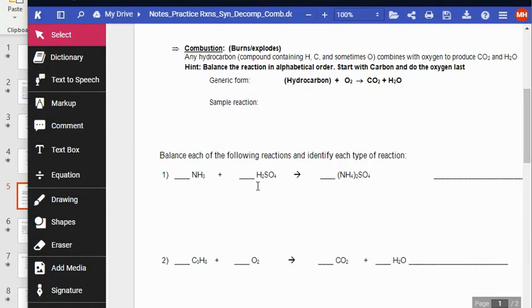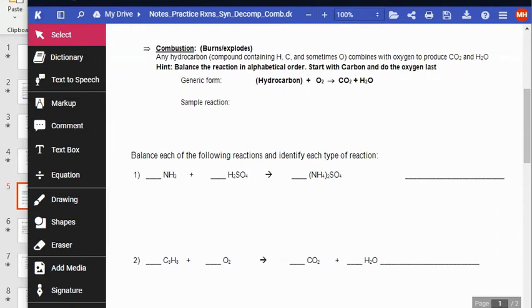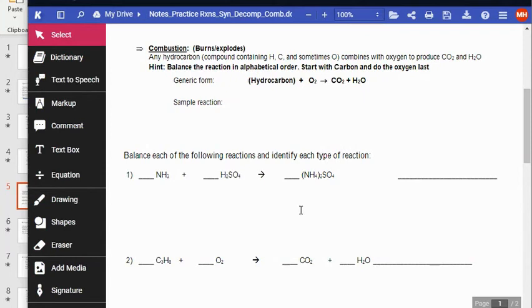And identify. So right here, starting with this problem, we have to be able to identify what type of reaction we have right here, number 1. So we're going to have to think. I have 2 reactants, 1 product.